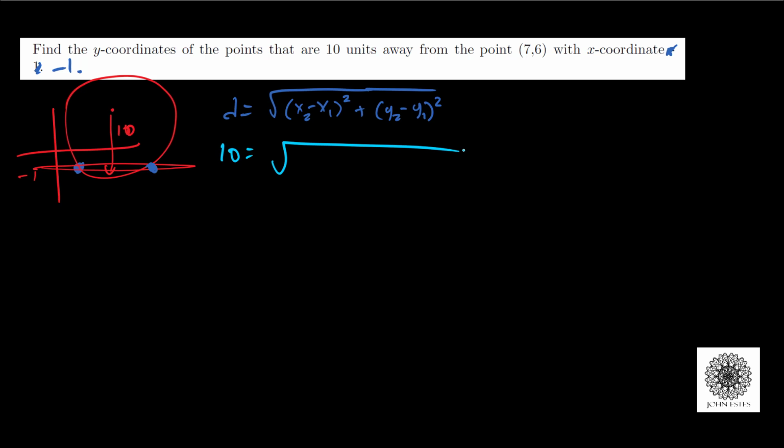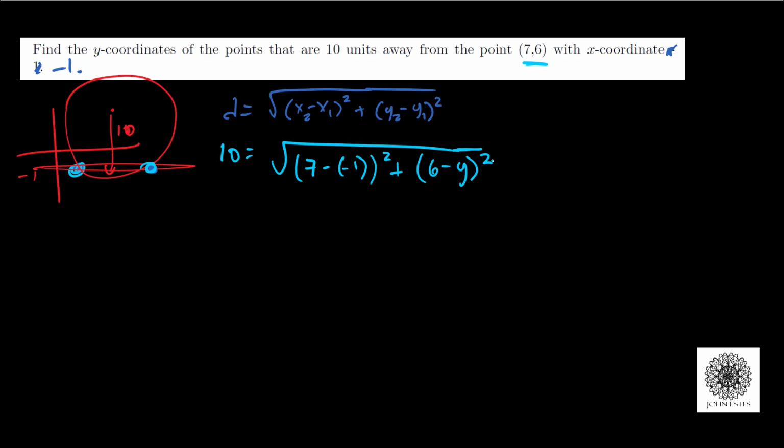And actually I have a lot of other stuff. I have an x and y coordinate, so I can say maybe the x2 is 7. And actually I know my other x coordinate, right? My other x coordinate's at -1. So that's going to be (7 minus -1) squared plus, I have a y2, that's the 6, minus, we don't know the y1, so let's just call it y, quantity squared, okay?